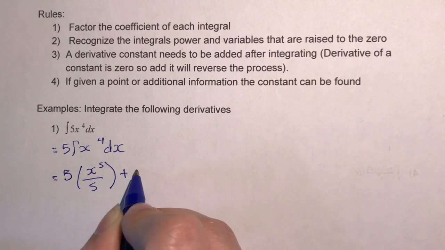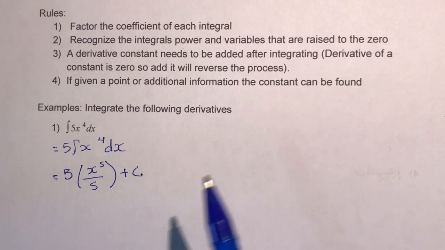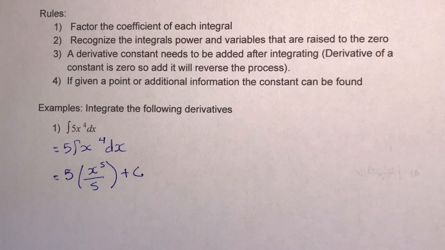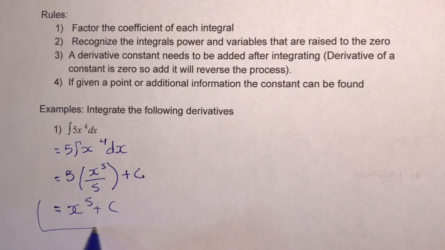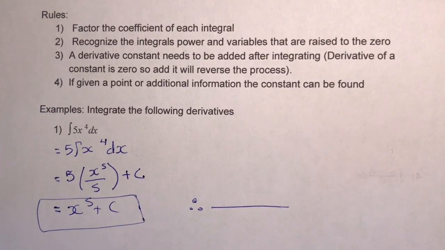And then adding c, because after integrating, there needs to be a constant, because it's the reverse process of a derivative. Then we can do some simplification, and then do an appropriate therefore statement.